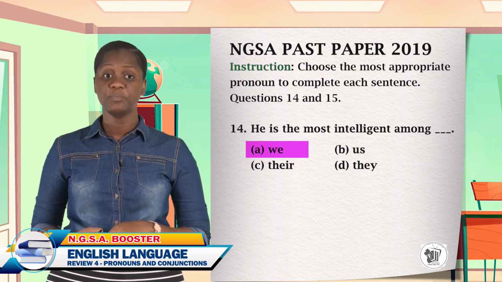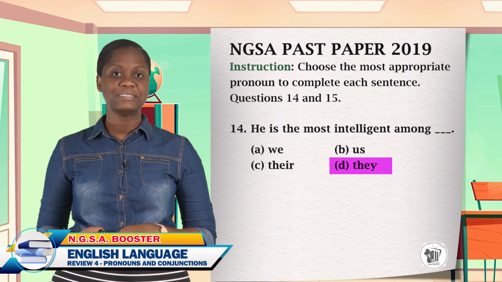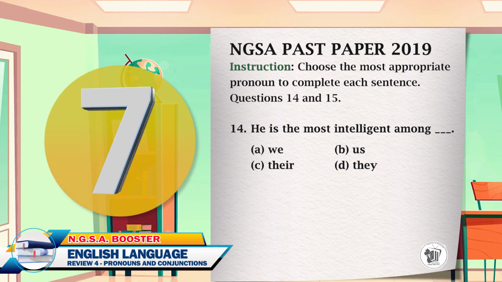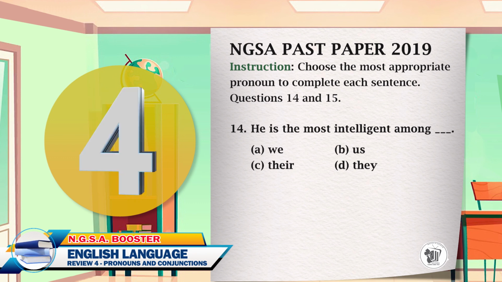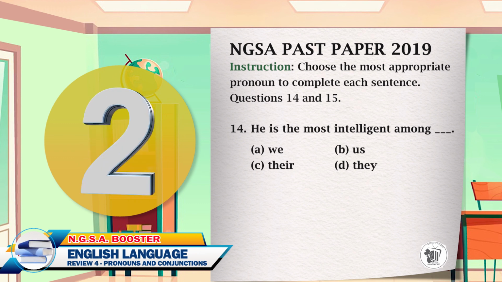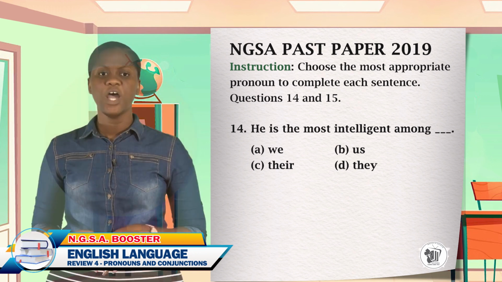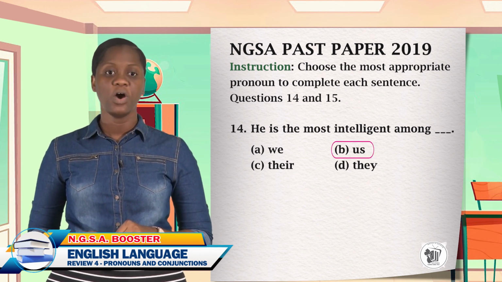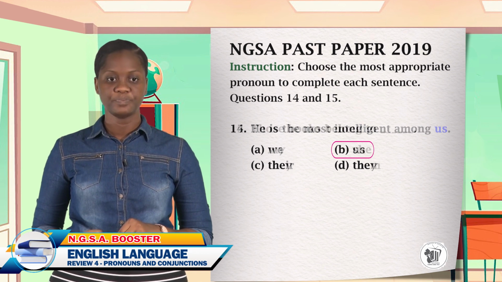A, we, B, us, C, their, and D, they. Of course, the best option would be us. He is the most intelligent among us.